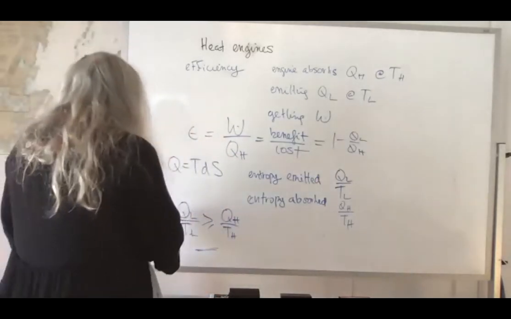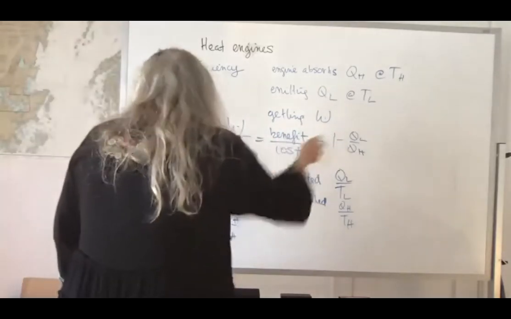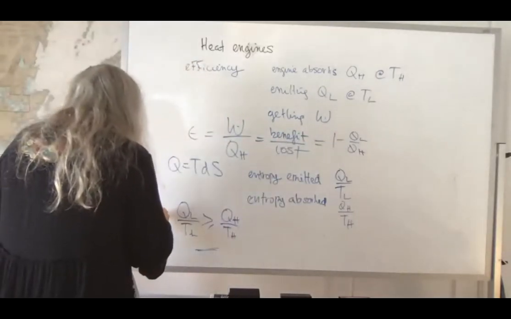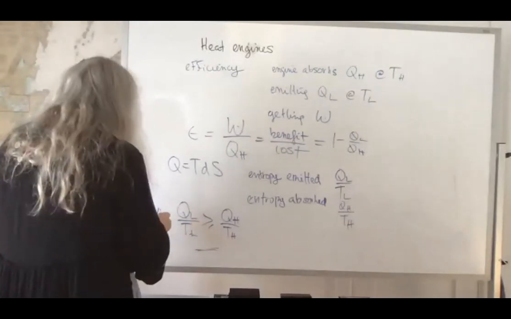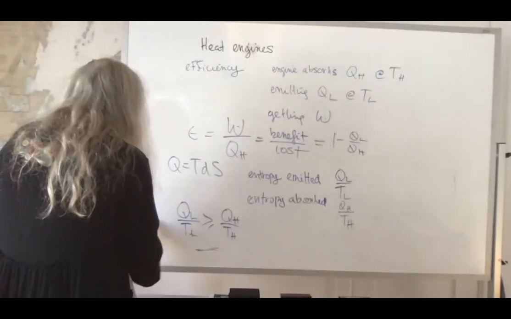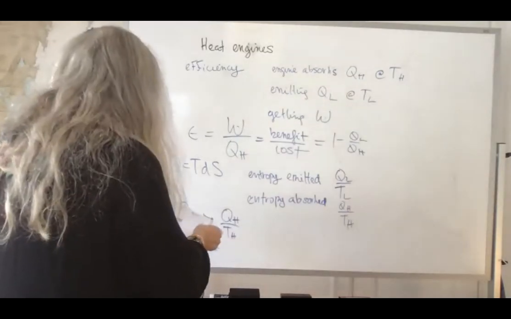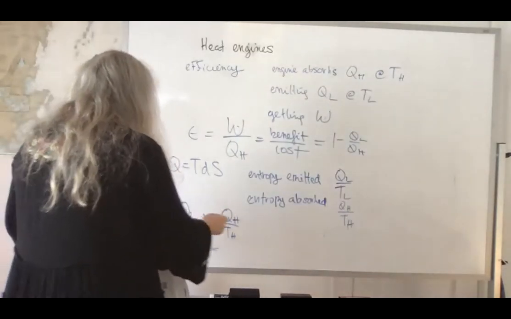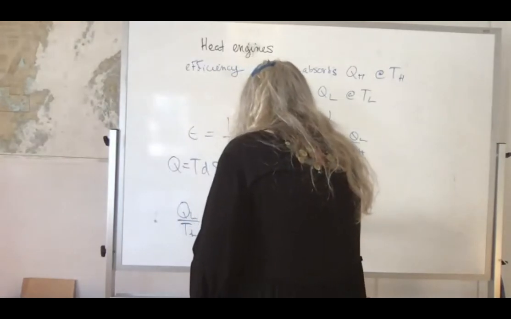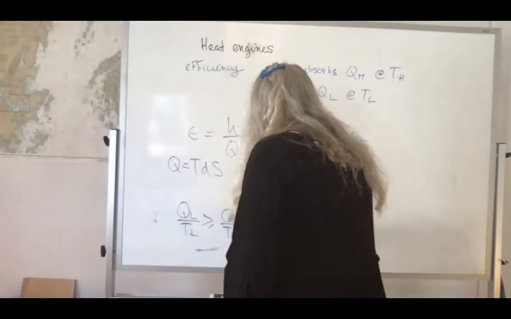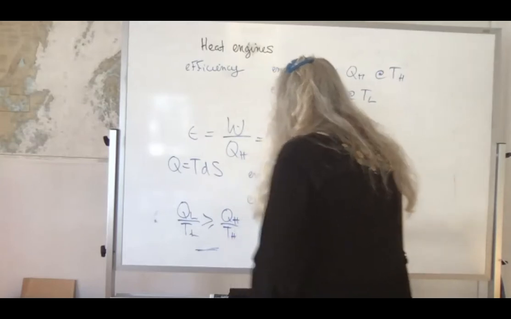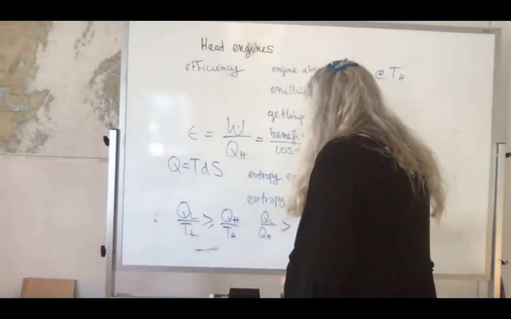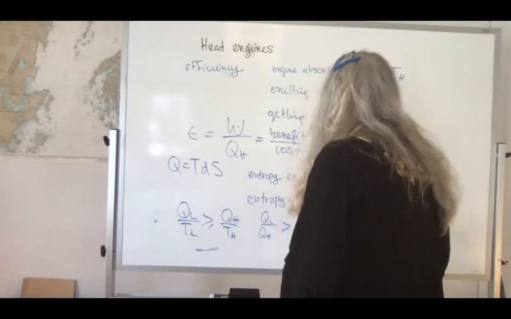And so if I take one, so this is looking like this, so I need to take 1 minus this. Actually, what I really want to do is rewrite it in terms of Q's. QL over QH has to be greater than or equal to TL over TH, right?